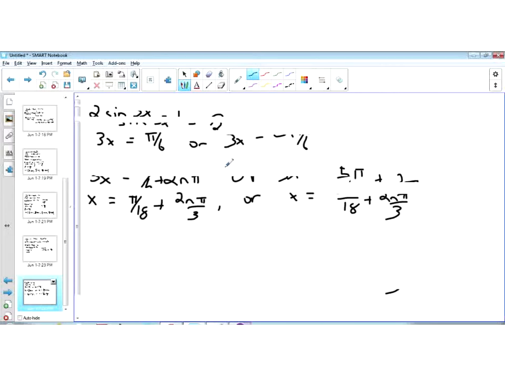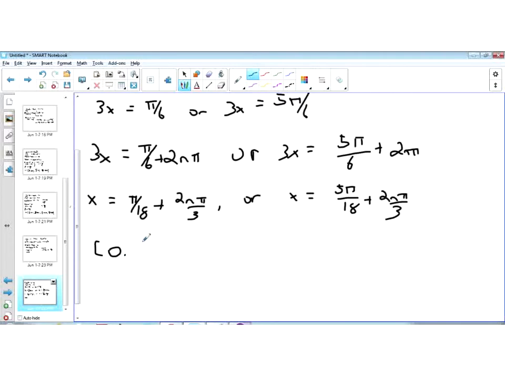Okay, now suppose we want the solution to this equation only on the interval 0 to 2 pi. If we were to do that, then we would only need positive values for n, and so we can start off with saying n is equal to 0. So if n is equal to 0, we would have pi over 18, and plugging in n equals 0 here, 5 pi over 18.